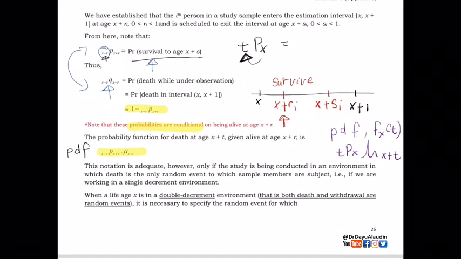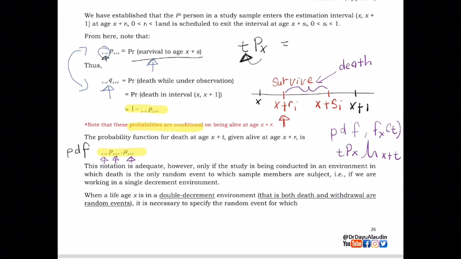Since the current age is x plus r and our period is until t minus r, and the conditional probability is until x plus t, and the force of mortality is at x plus t, meaning that the death will happen until x plus t. So survive until here, and the death will happen between x plus ri and x plus si.